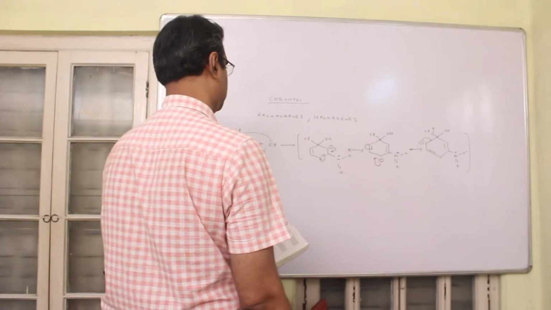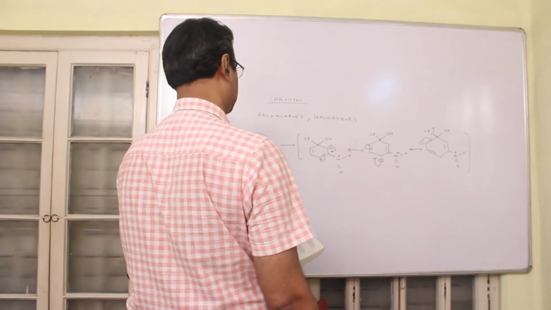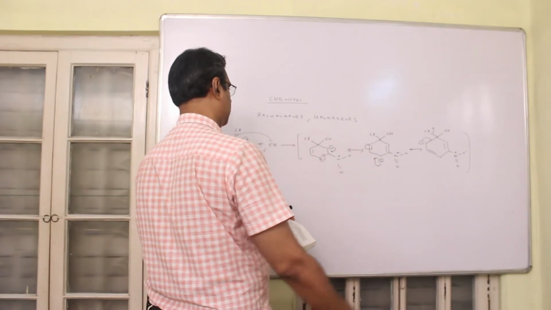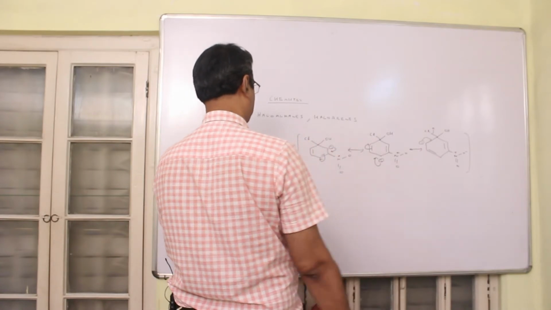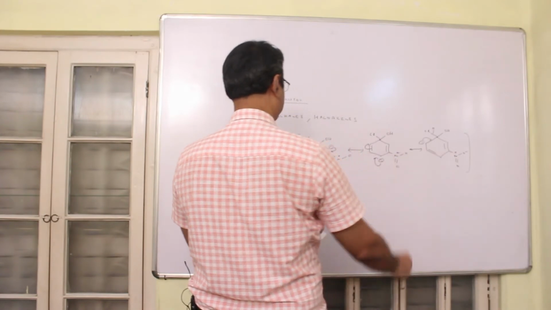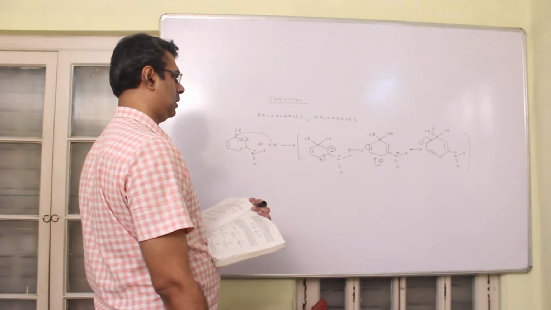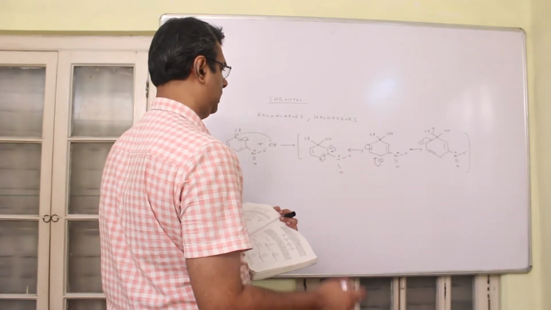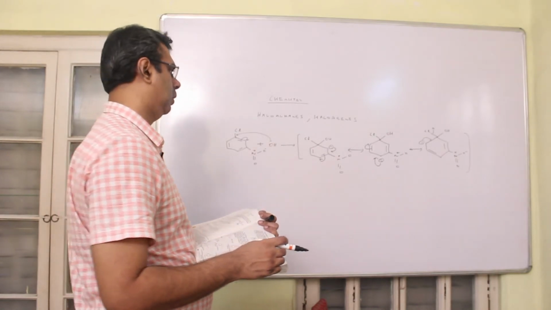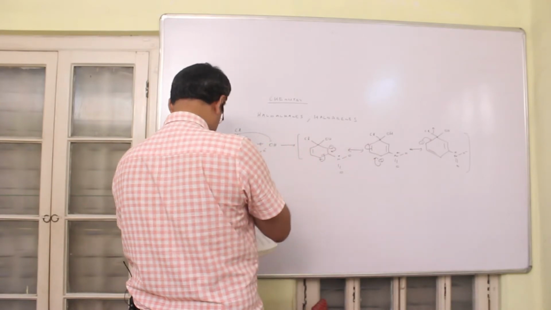This is the third resonance structure. Now you will notice that in all the three resonance structures, the delocalization is happening only at ortho and para positions, and the carbon containing the NO2 group is not participating in the delocalization at all. So that is the reason why the NO2 group has to be present only at ortho and para positions.